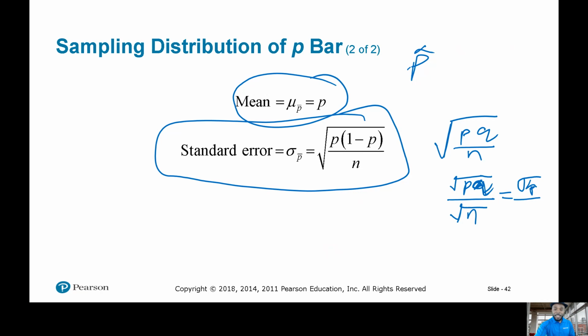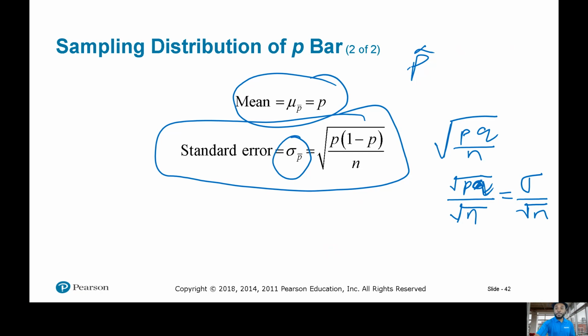This looks like sigma divided by the square root of N. But no, let me put it again. This would be not the sigma of P hat, but just the standard deviation divided by the square root of N. So the sigma of P hat is equal to the population standard deviation divided by the square root of N. That's what we saw for the mean.